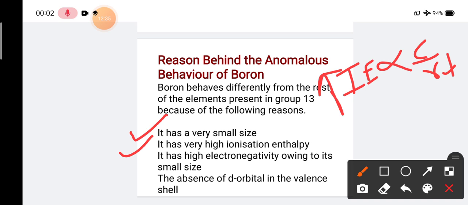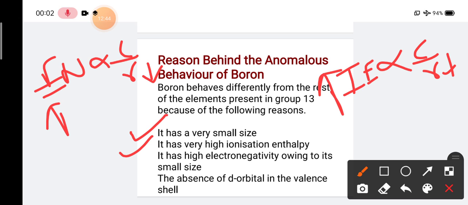Electronegativity is also proportional to charge by radius. As the radius is very small, the electronegativity is also high. Similar to the ionization energy, the electronegativity of boron is very high. And the absence of d orbitals in the valence shell is also a potential parameter that decides the anomalous behavior of boron.